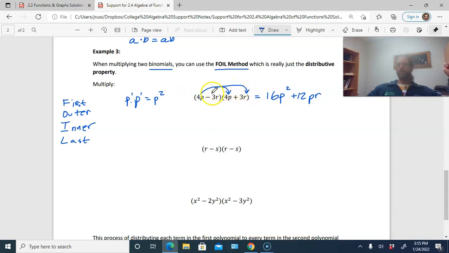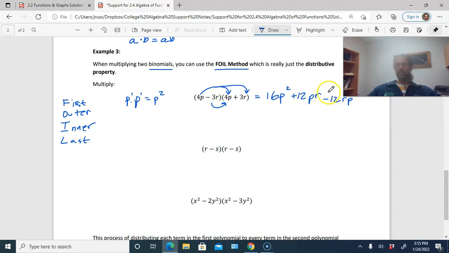Alright, so I've distributed the 4p to everything in the second binomial here. So now what I'm going to do is distribute the negative 3r, the second term. I'll do it the same way. So negative 3r times 4p. Negative 3 times 4 is negative 12. And r times p, you could write rp, which is fine. But what's going to happen here in a minute is we're going to try to combine like terms.